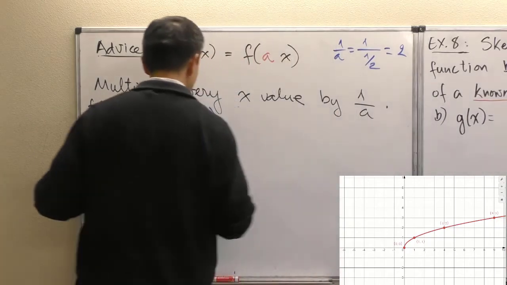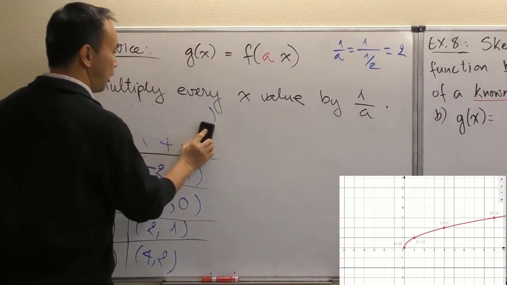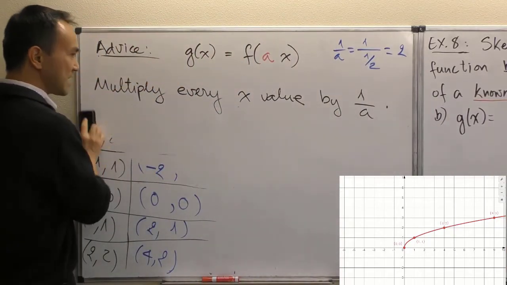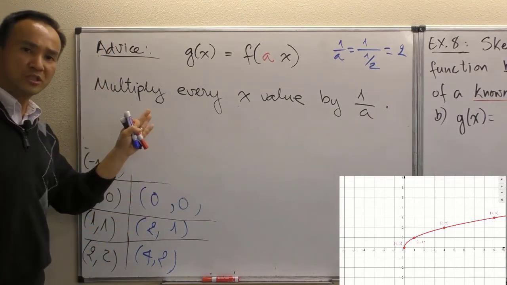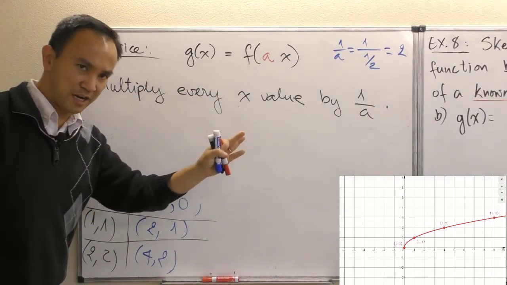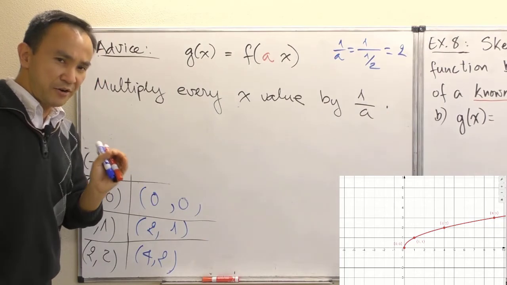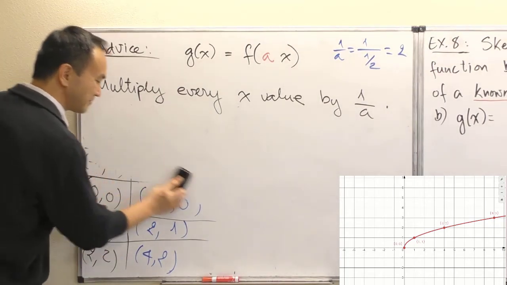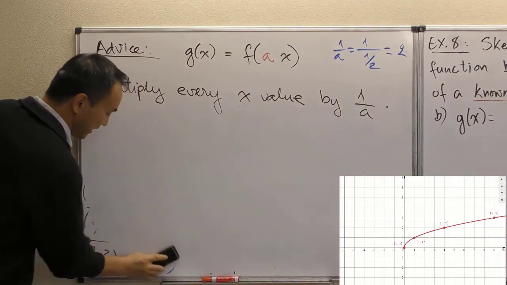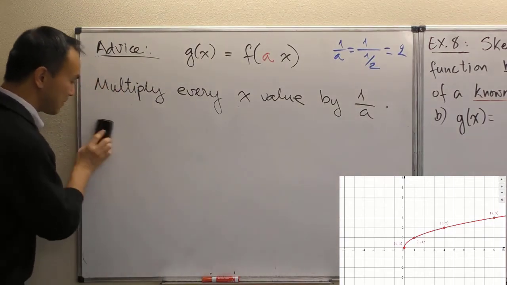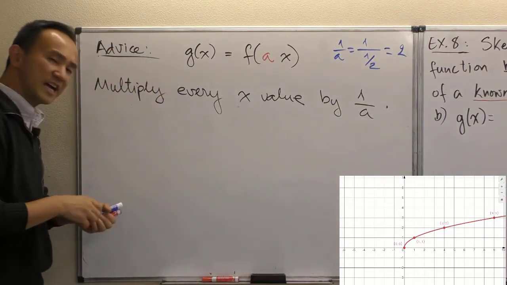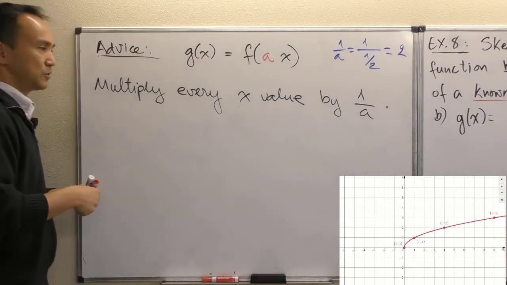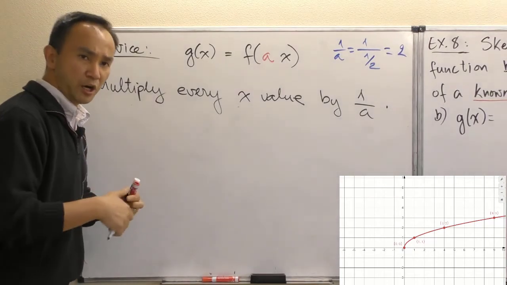On my other board, everything we need to do can be stated simply: we multiply every x value of the parent function by 1 over a. So I'm going to stay with the guiding points on the parent function, and every x value in that set of guiding points we multiply by 1 over a.